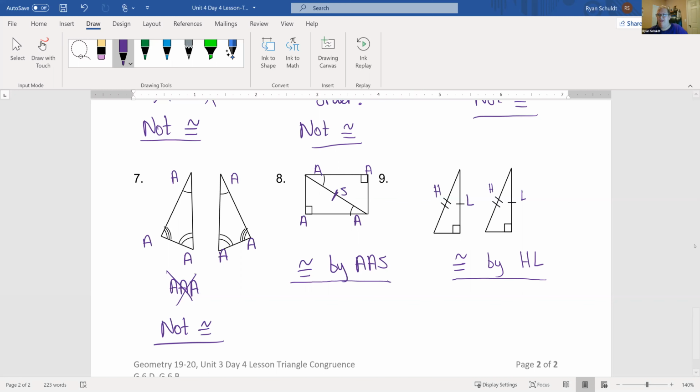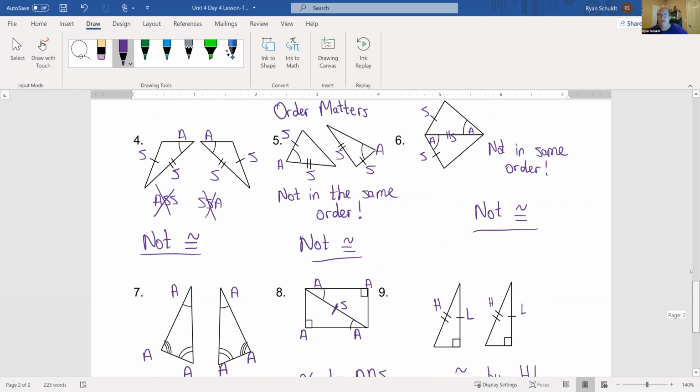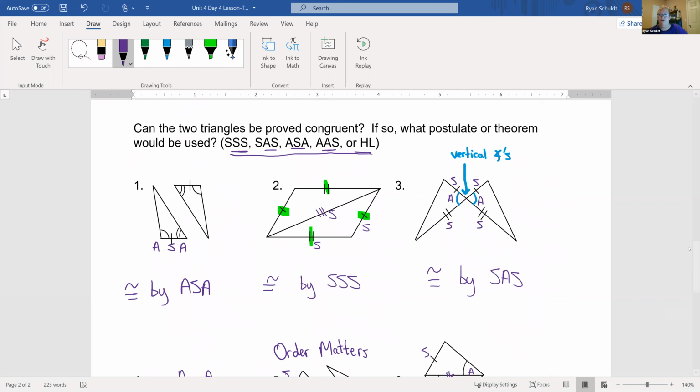So we saw 4 instances where they weren't congruent. And then we came up here and saw all 5 examples of where they could be, or they are congruent. So we've covered all of these up here.